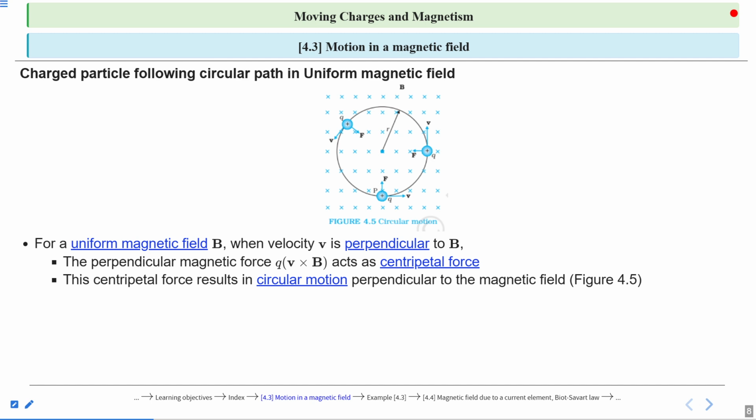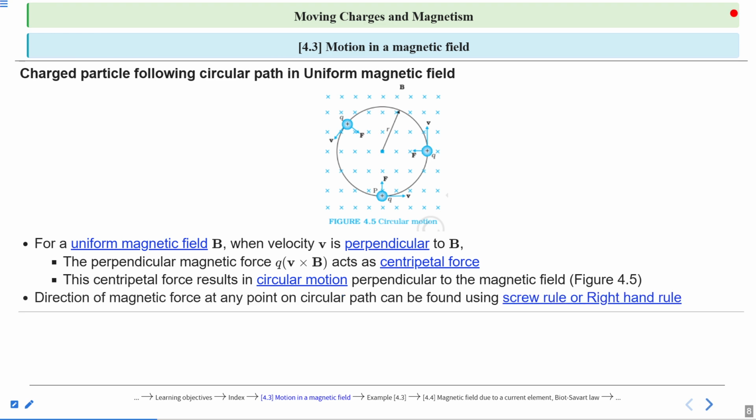Circular motion will be in the plane of paper, and the magnetic field is perpendicular to the plane of paper, going into the paper. So the centripetal force results in circular motion that is perpendicular to the magnetic field.